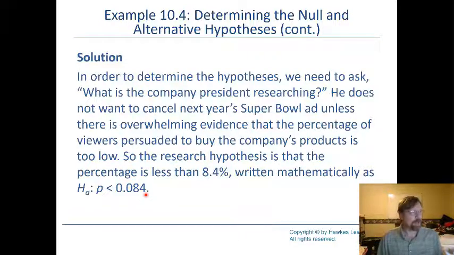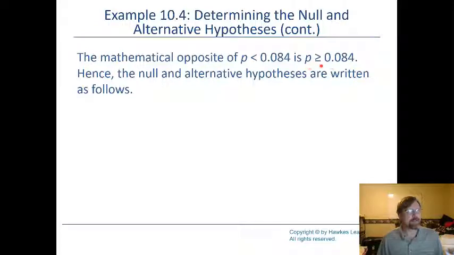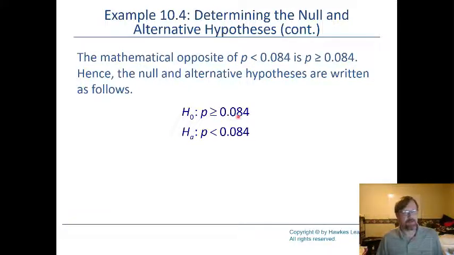The mathematical opposite of that is greater than or equal to 0.084. So there's our null hypothesis, the proportion being greater than or equal to 0.084, and the research hypothesis of being less than 0.084.